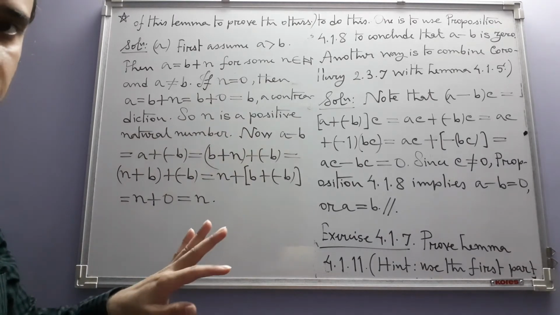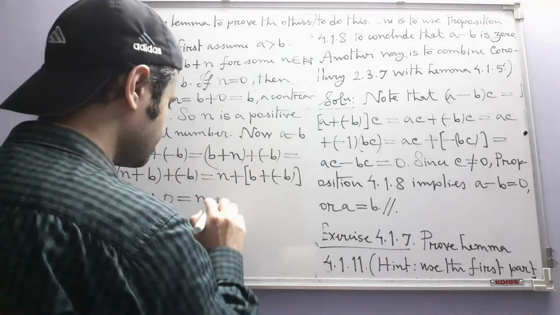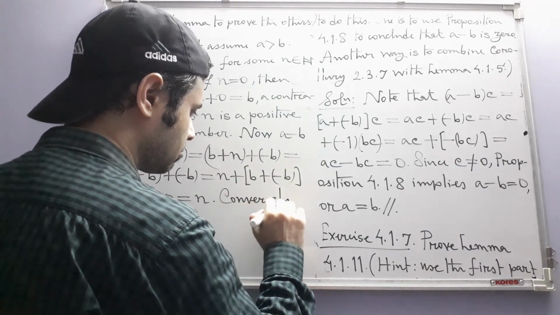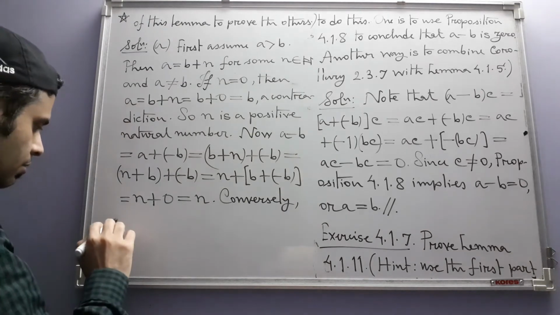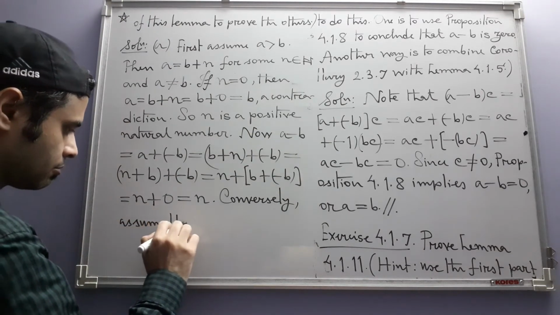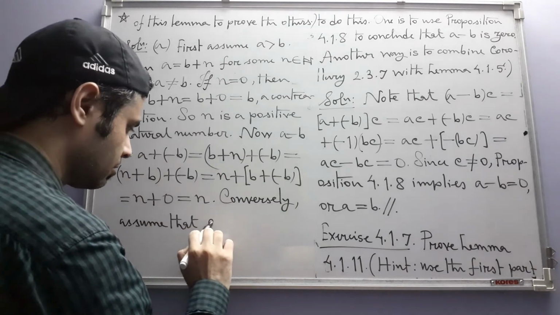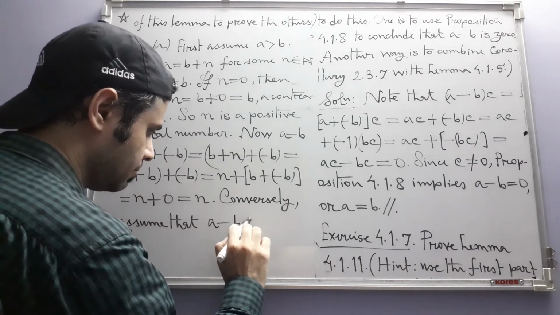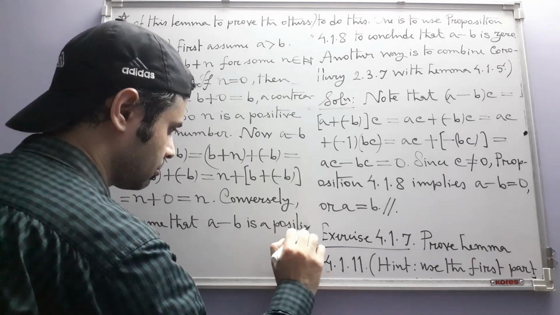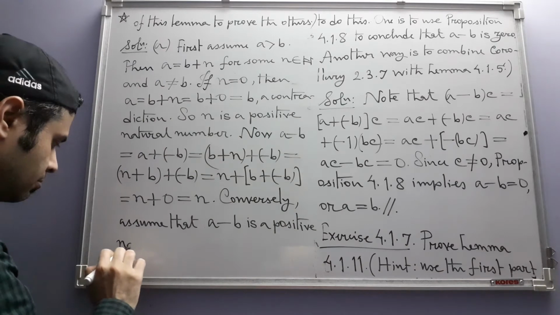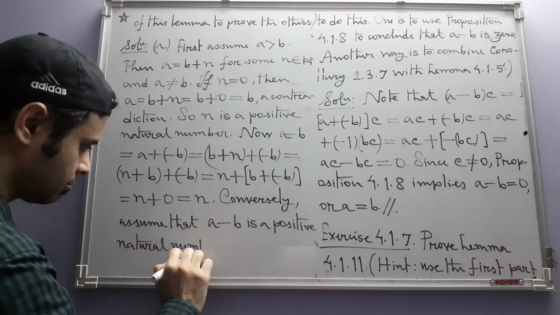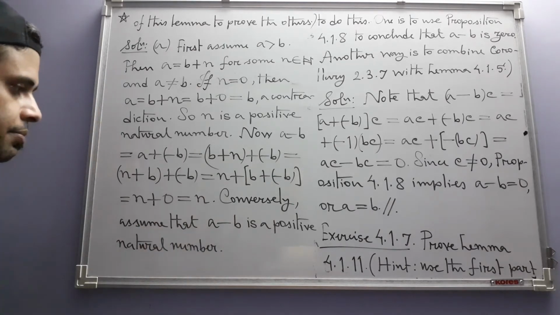So one half of this is over. Conversely, assume that a minus b is a positive natural number.